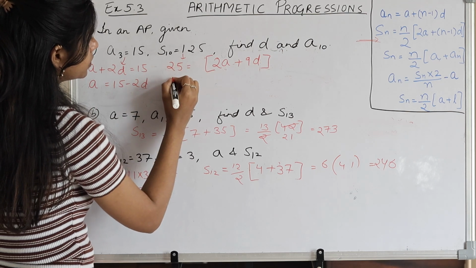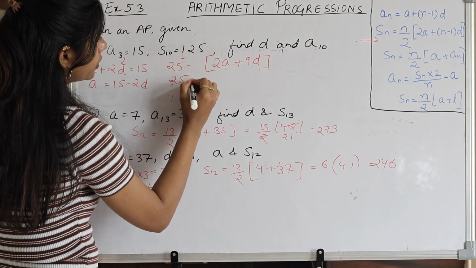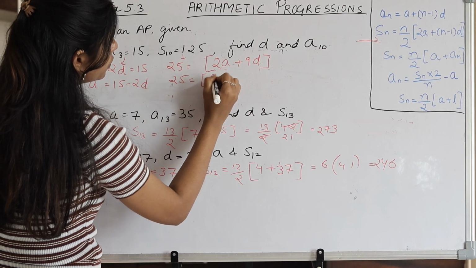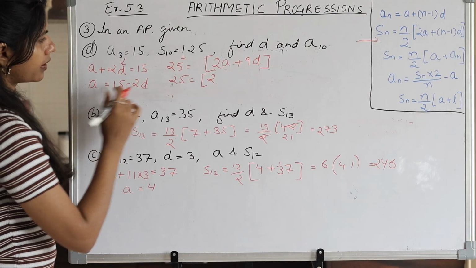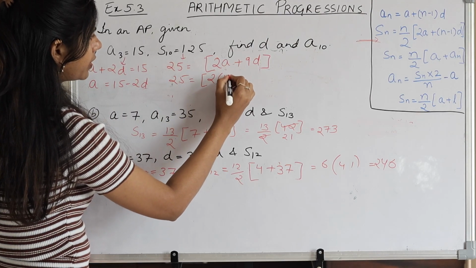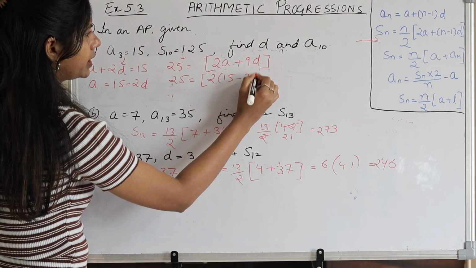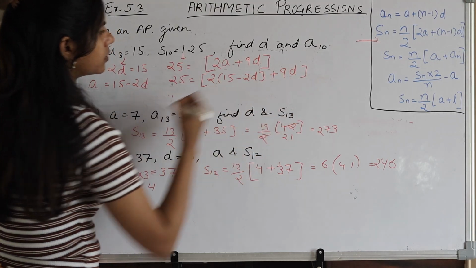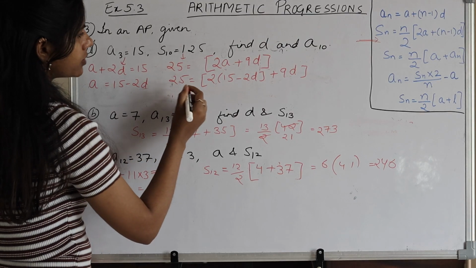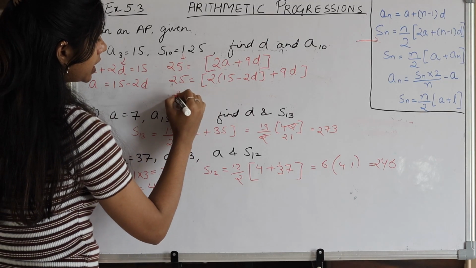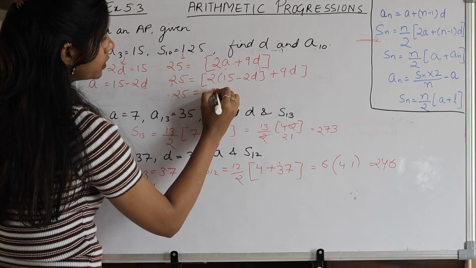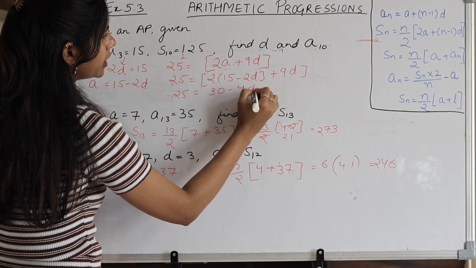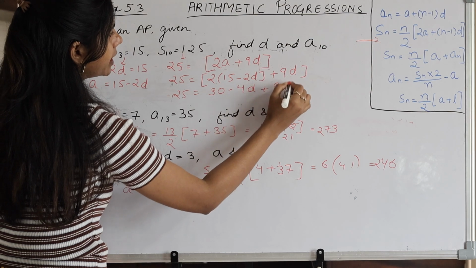Now 25 equal to 2 times, instead of a we can write 15 minus 2d, plus 9d. Alright, let's solve this further. It will be 25 equal to 30 minus 4d plus 9d.